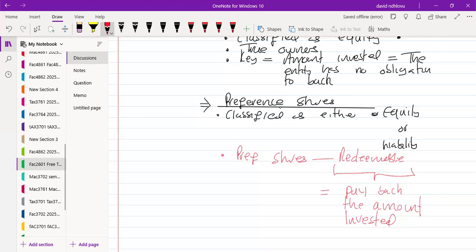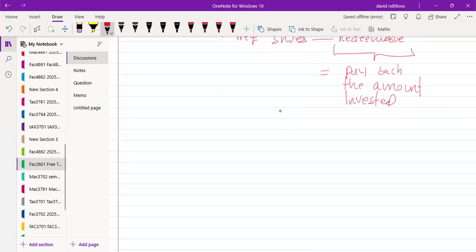We need to pay back the amount that has been invested by the shareholder. Now, because this amount must be paid back, it has got more commonality with a loan. It has got more commonality with debt. So therefore, we classify this as debt.